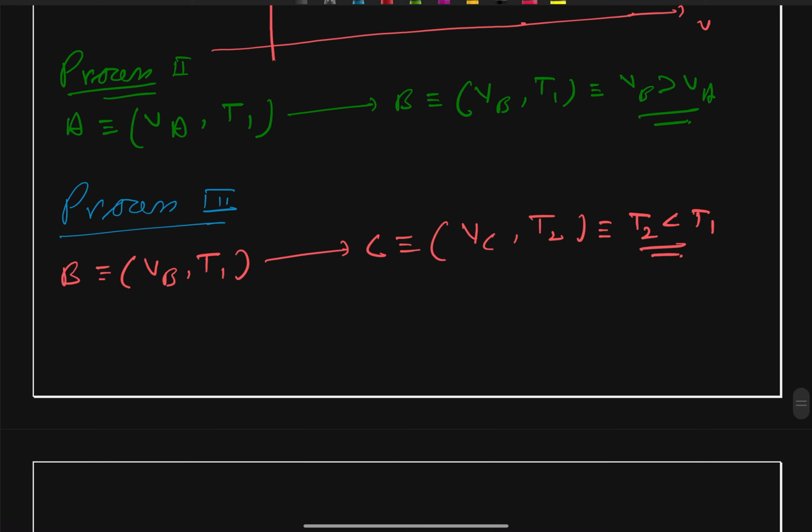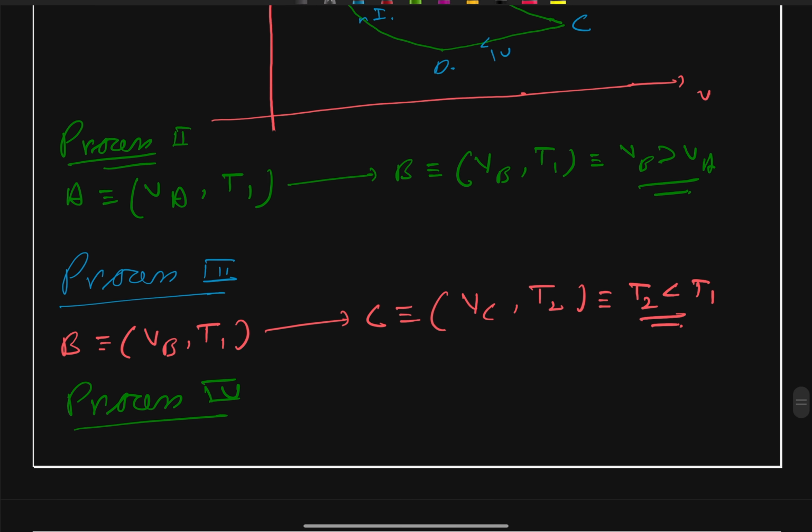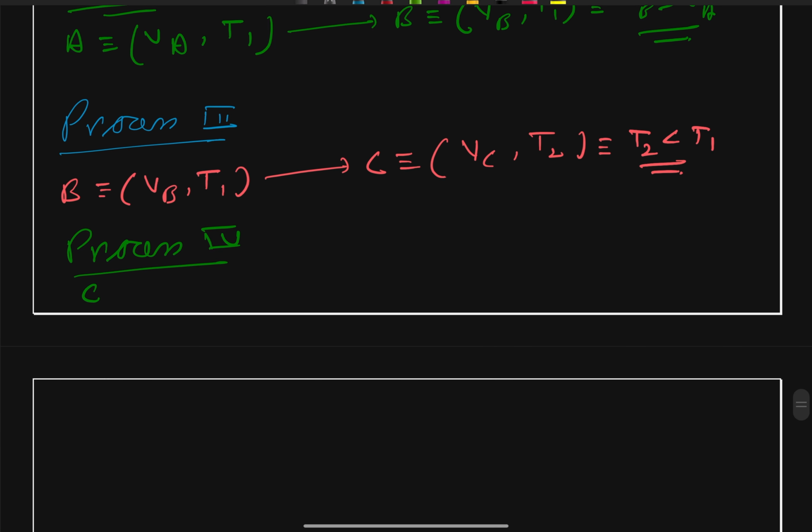And now we come to process 4. Process 4 starts from C. C is VC and T2, and it ends at D, and for D, let us suppose the volume is VD and temperature is T2.